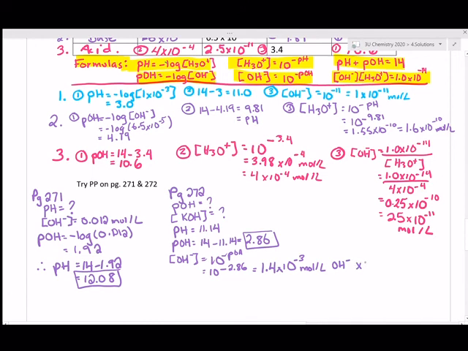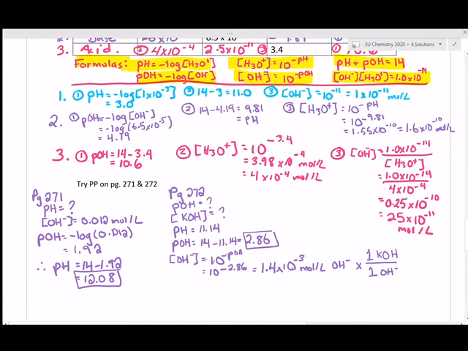So we can do a little ratio here that basically says for every 1 piece of potassium hydroxide I have 1 hydroxide ion based on the formula. Because some bases might have 2, like calcium hydroxide is Ca(OH)2. But this is a 1-to-1 ratio.